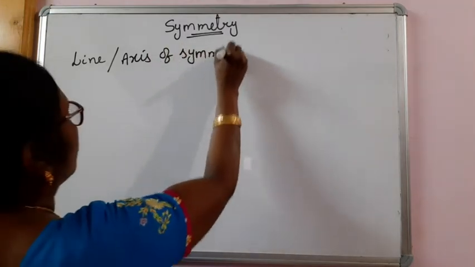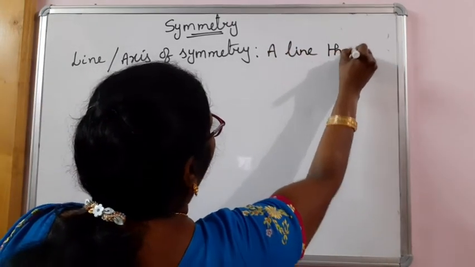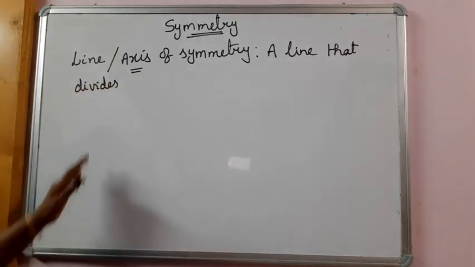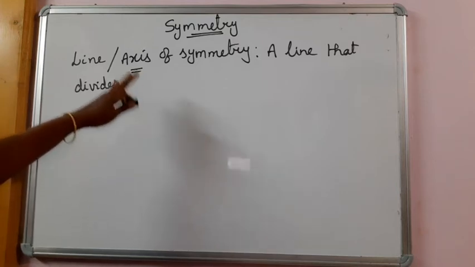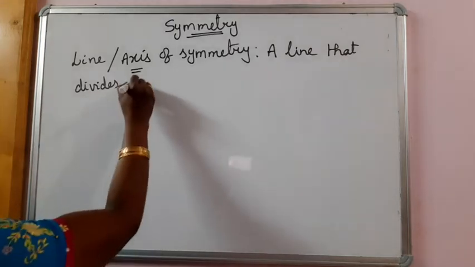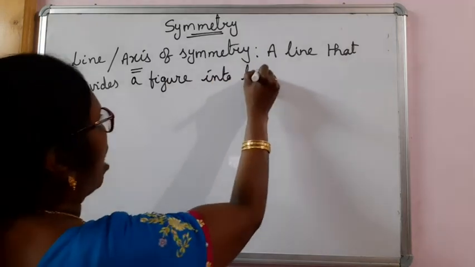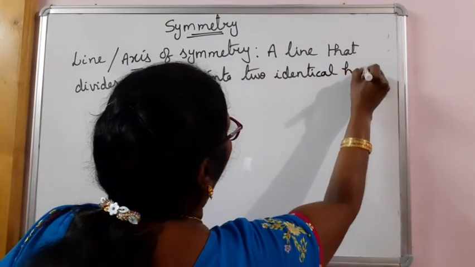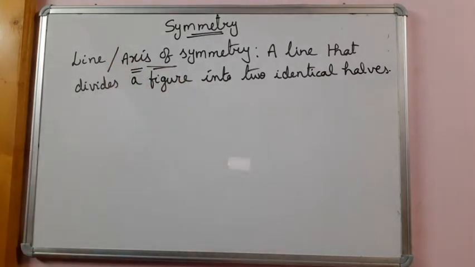A line that divides a figure, any figure or shape, whatever it may be, into two equal halves, we can say identical, same halves, is called the line of symmetry, otherwise known as axis of symmetry.